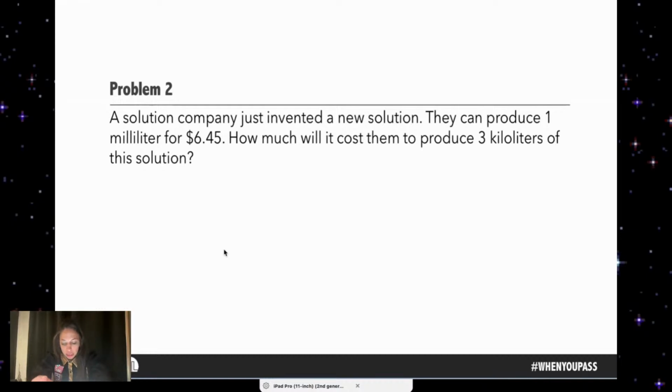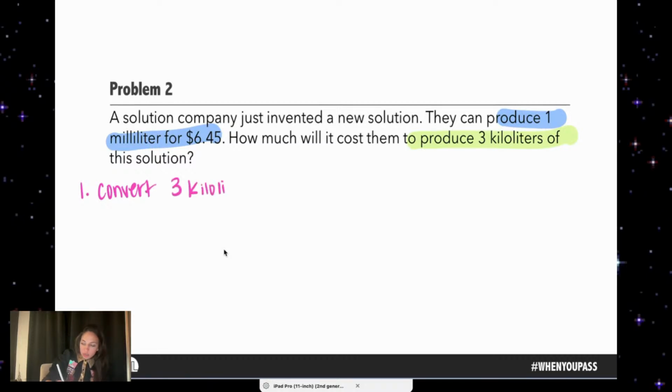So we are looking at a milliliter. They can produce 1 milliliter for $6.45. How much will it cost to produce 3 kiloliters? So my first step is to convert 3 kiloliters into milliliters.